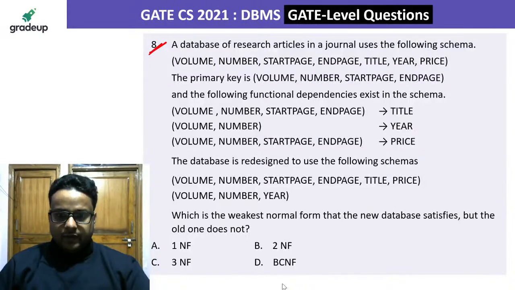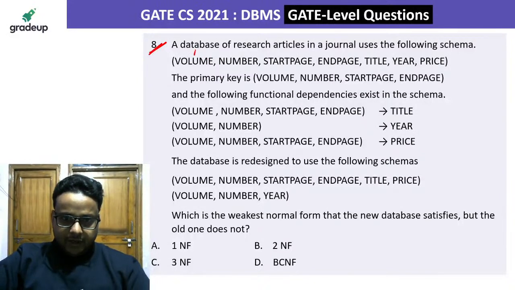Okay, now I will explain this question. A database of research articles in a journal uses the following schema. What we can do, we can take A, B, C, D, E, F, G, it becomes easy. The primary key is volume, number, start page, end page.